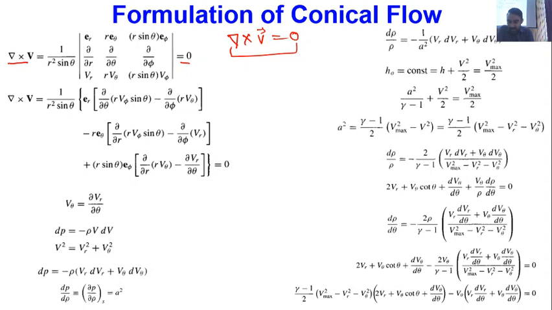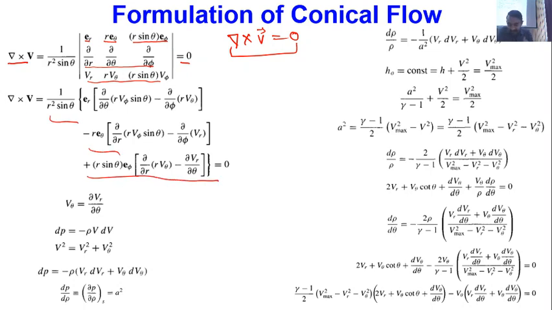Now these are the unit vectors e_r, r e_theta and r sin theta e_phi, the unit vectors in the r, theta and phi directions, and this is the gradient operator, and these are the velocity values. The factor 1 by r square sin theta is common throughout. By solving this curl, this is the detailed equation I am getting.